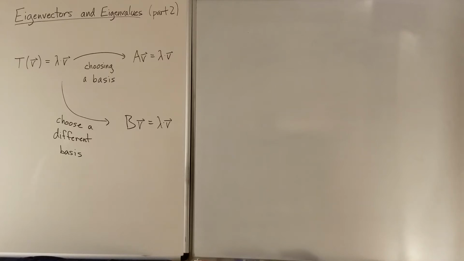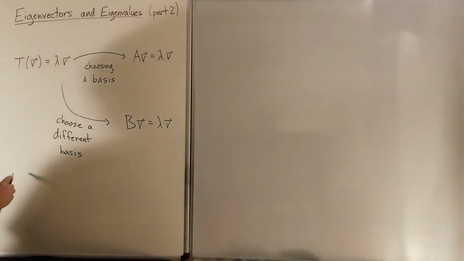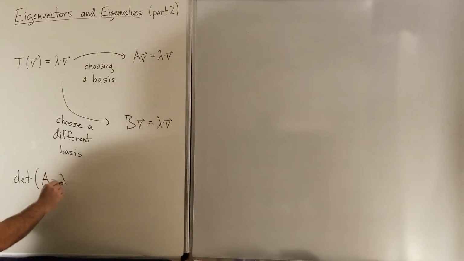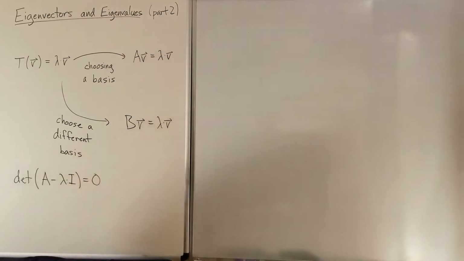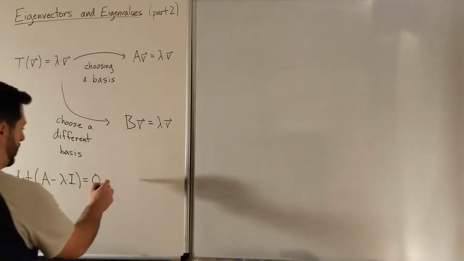So let's look at this equation. Remember that the determinant of A minus lambda I, we want that to equal 0. This is the characteristic equation.